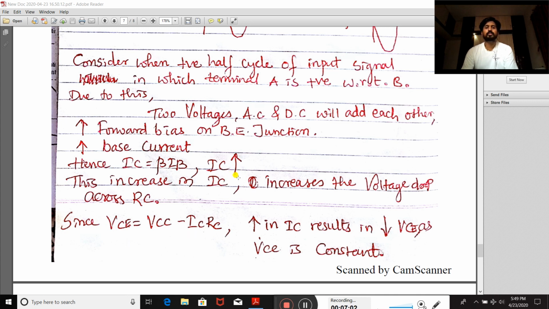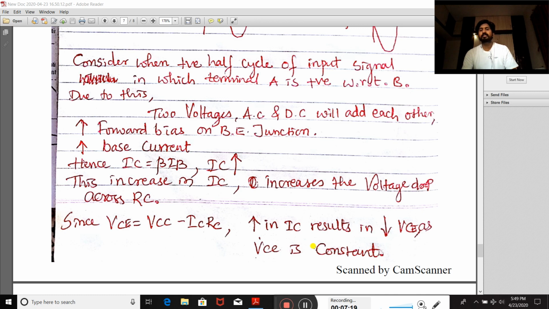Suppose now the collector current is increasing, so this drop is increasing. As this drop is increasing and VCC is constant, the voltage across collector and emitter is decreasing. That is nothing but the output voltage decreasing.